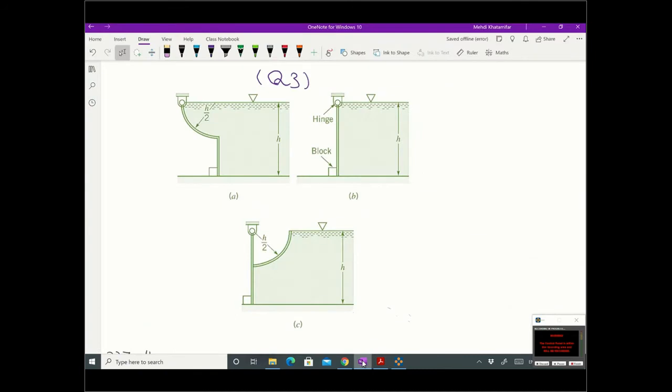So I expect you find R equal to gamma h squared b divided by 3. Check if you find the same thing.